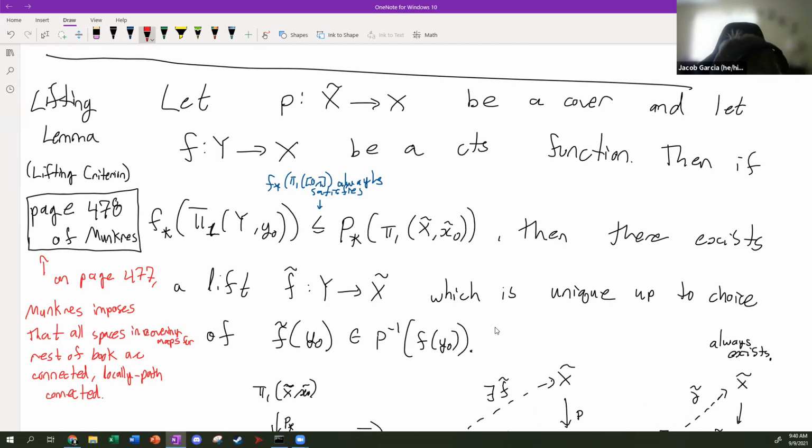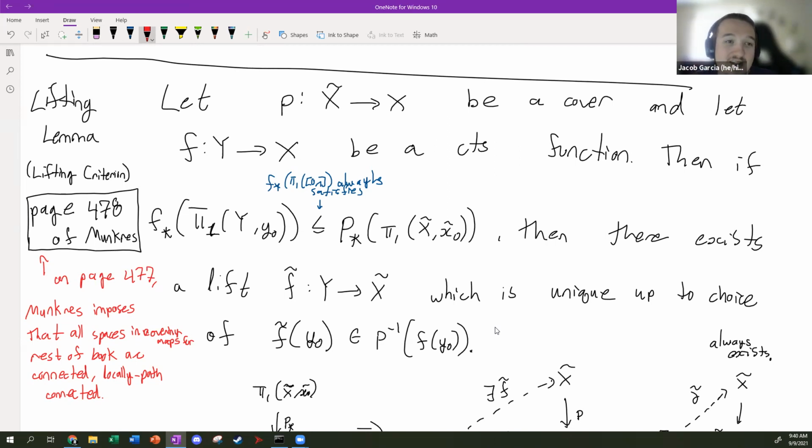So he states the general lifting lemma where he says let p from E to B be a covering map, and then he also assumes that Y is path connected and locally path connected. So all of his spaces are connected and locally path connected for all of this story.